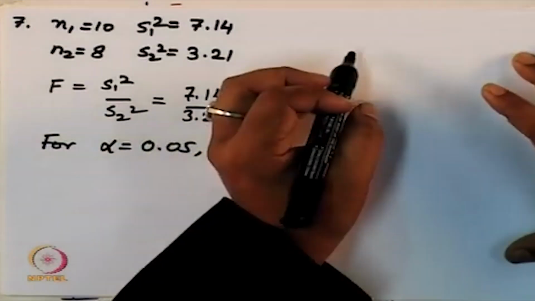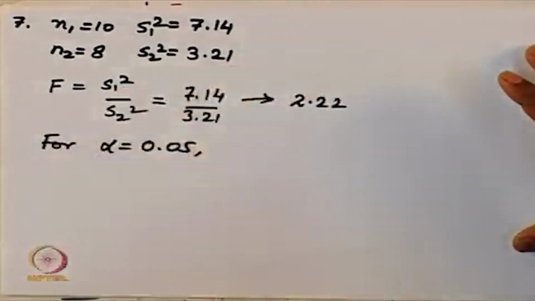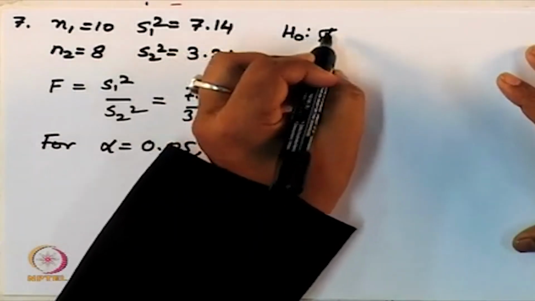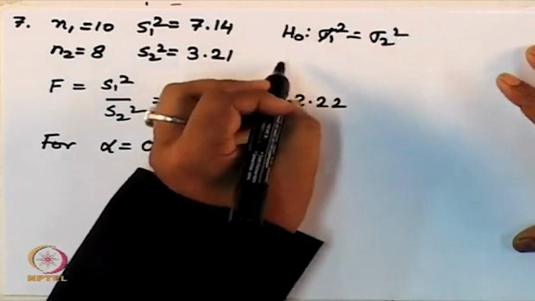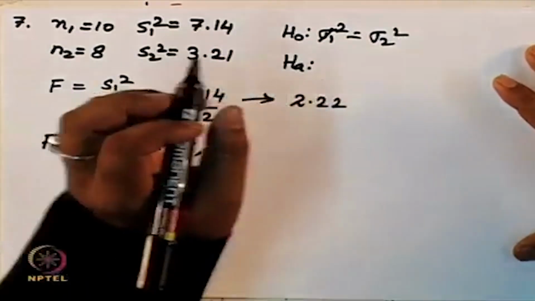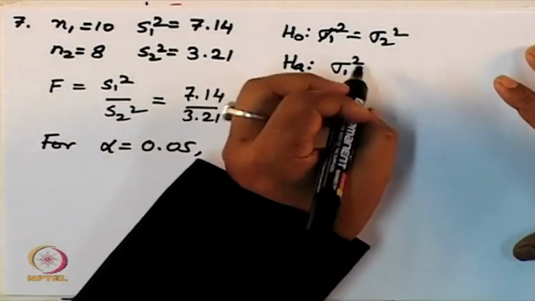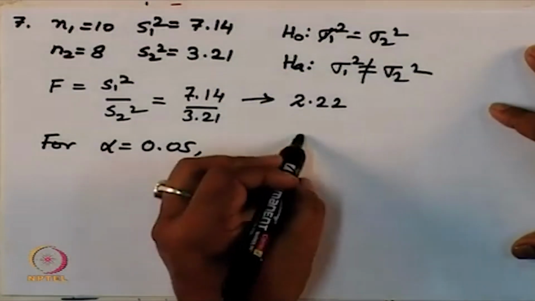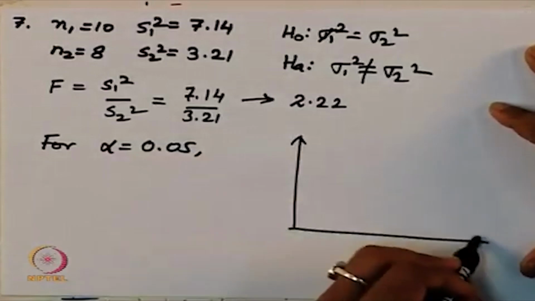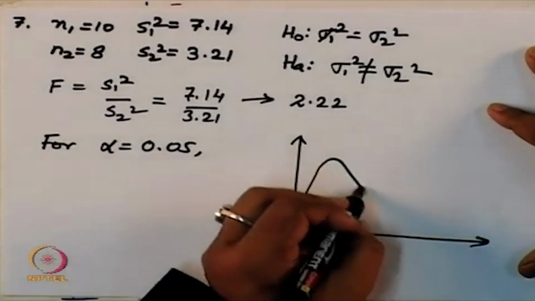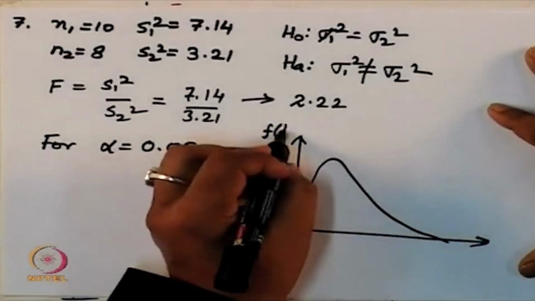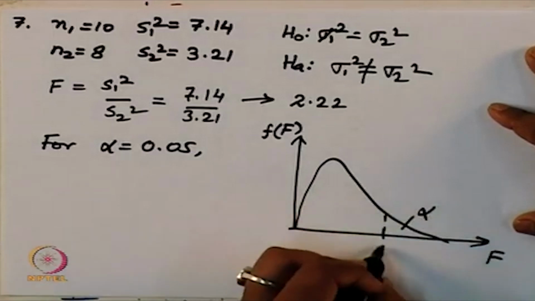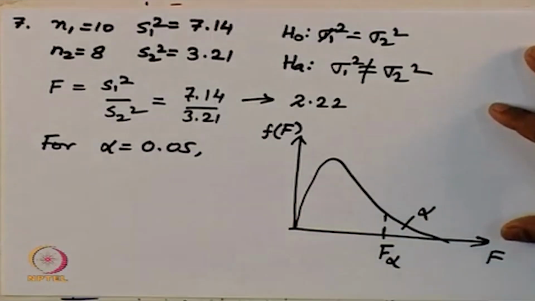Now, for significance level alpha equal to 0.05. If my hypothesis, H naught, is sigma 1 square equal to sigma 2 square and H a is sigma 1 square not equal to sigma 2 square, then what I have to do for this f curve is find out alpha and the corresponding value of f of alpha.